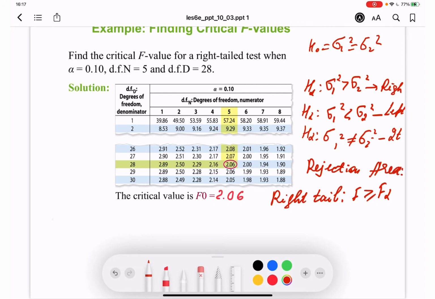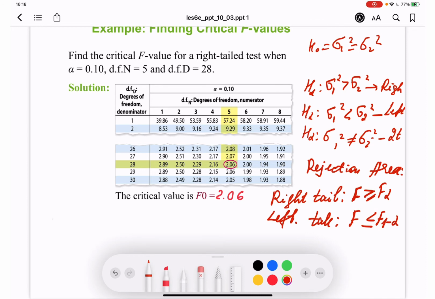So for right tail, F has to be greater than F alpha. For left tail, F has to be less than or equal to F 1 minus alpha. I'll explain all this.